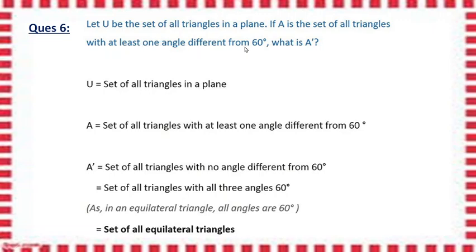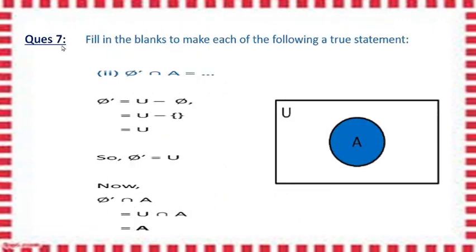So the complement of the given set, the set of triangles with at least one angle different from 60, is the set of all triangles where all three angles are equal to 60, meaning equilateral triangles.